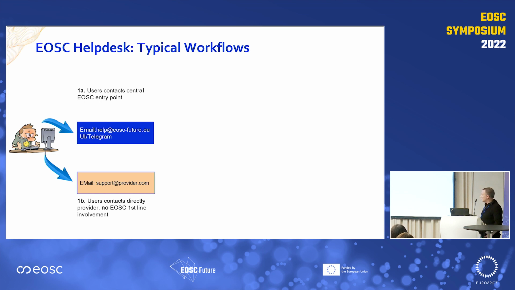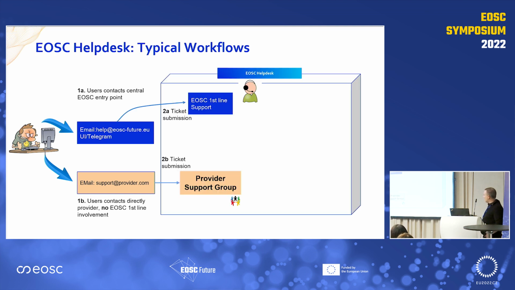So if the user doesn't know the provider, it sends just a request to the EOSC central help desk using the email or, for example, Telegram channel. If the user knows exactly the provider email, the provider which is also in the help desk, this request goes directly to the provider. So these are basically parallel steps. It depends on the implementation.